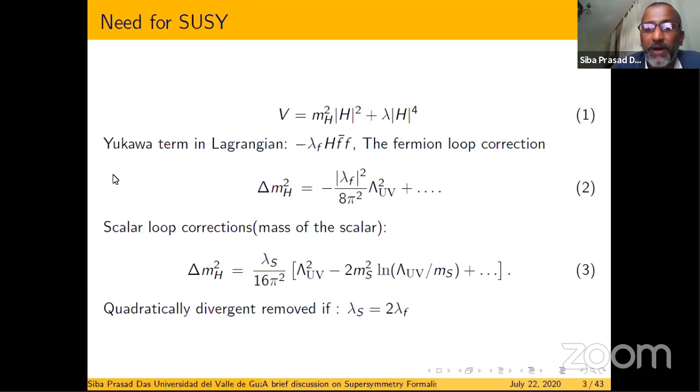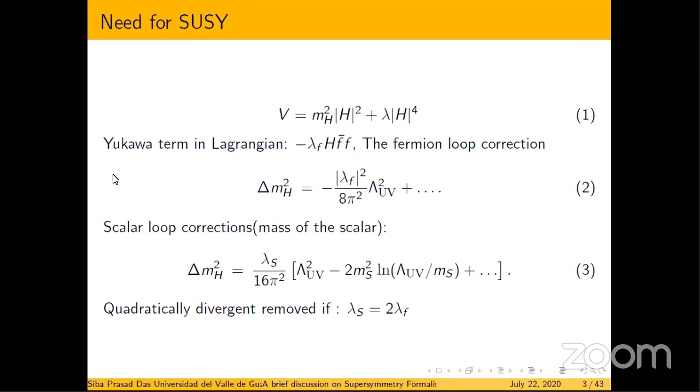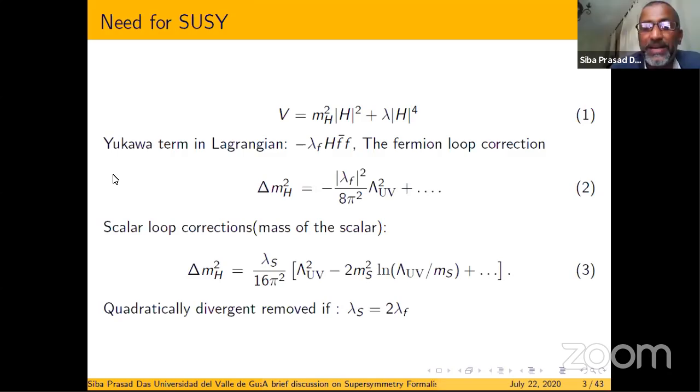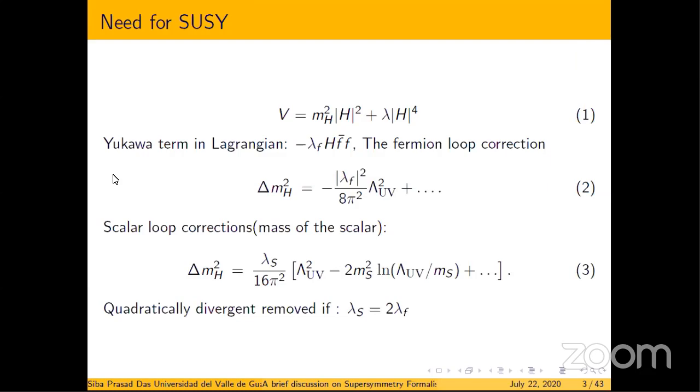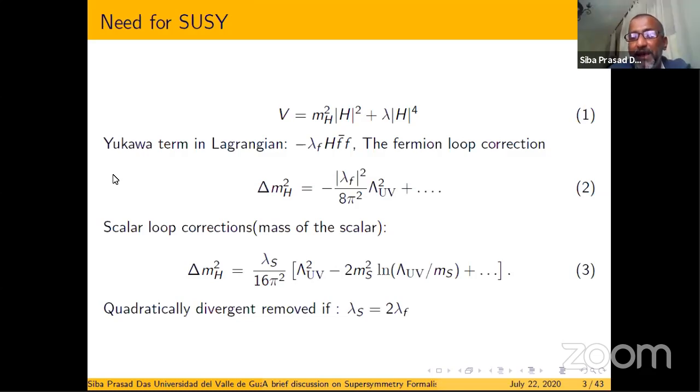If you do the integration for the scalar loop, which is very important, you will see that it is connected with lambda_s over 16 pi squared. Here lambda_s is the scalar coupling, just as lambda_f is the fermion coupling.